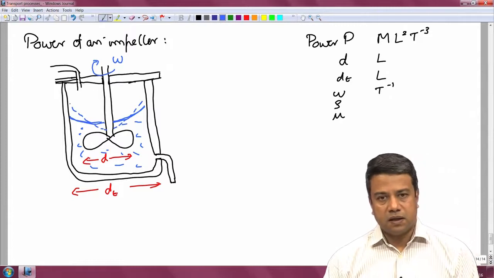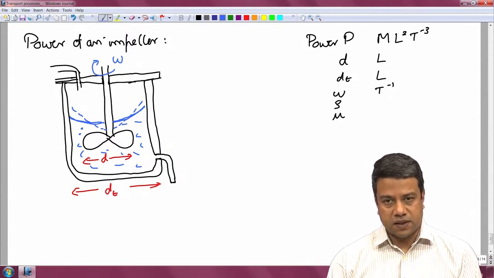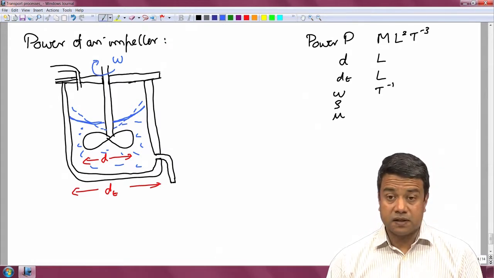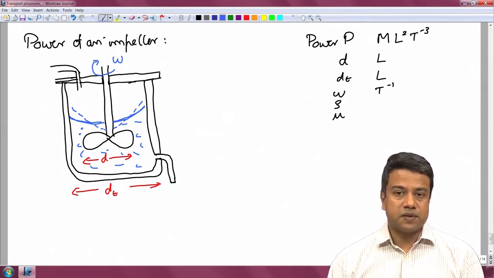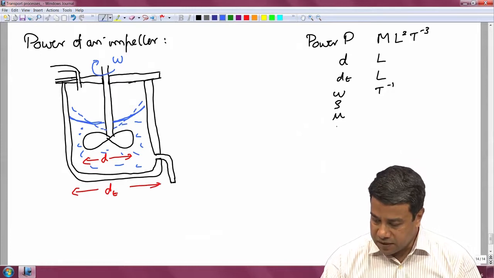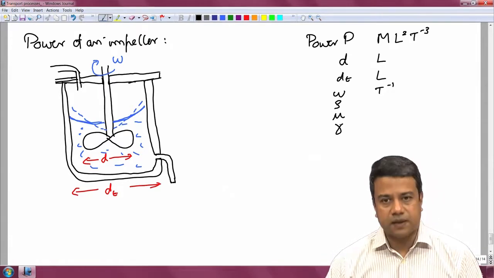And that deformed shape depends upon, of course, the rotation speed or the centrifugal force. It also depends upon the gravitational force, because the gravitational force is tending to bring it back to a flat surface. It could also depend upon surface tension, because surface tension tends to reduce surface area. So, therefore, the surface tension is also a relevant parameter, that is a fluid property.